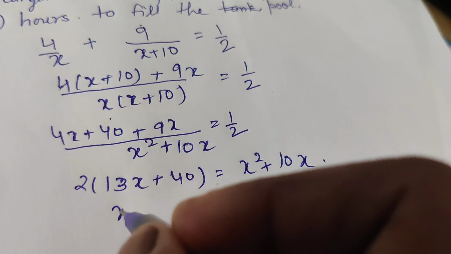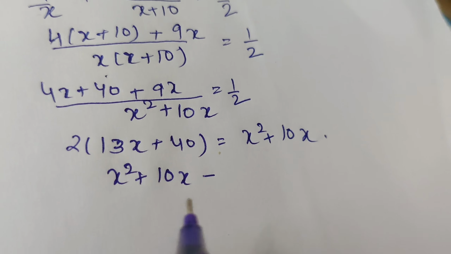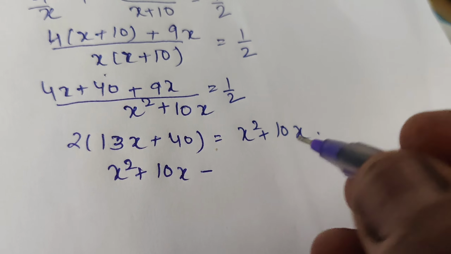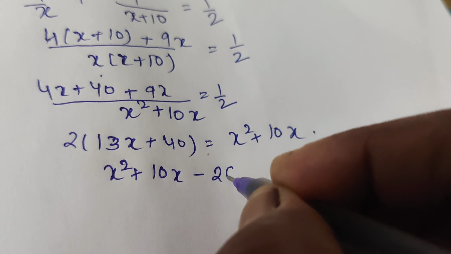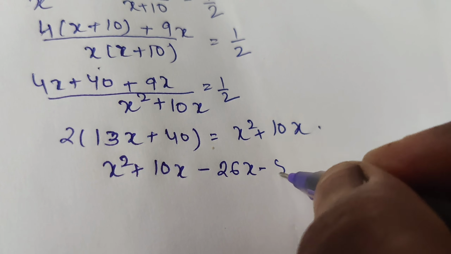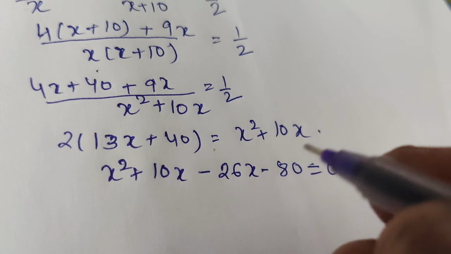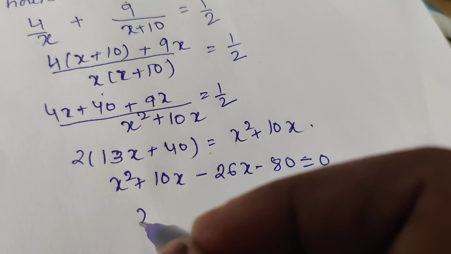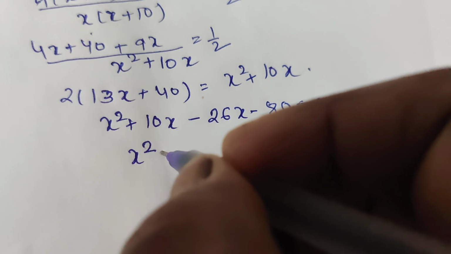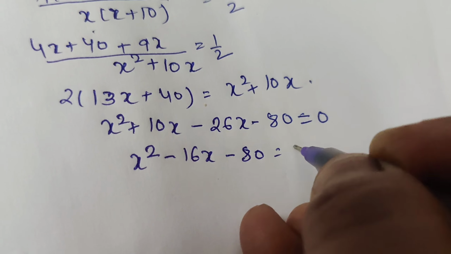Right here x square plus 10x minus 13 into 2 is 26x, 40 into 2 is 80, and it means minus 80 equal to 0. This is the equation: x square minus 16x minus 80 equal to 0.